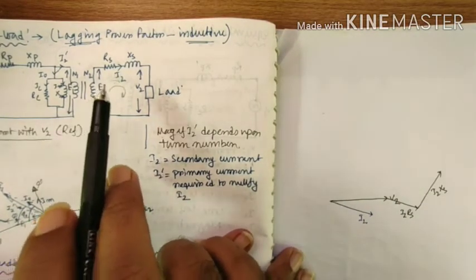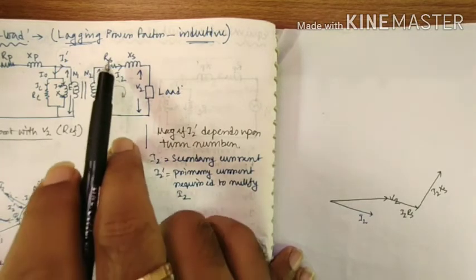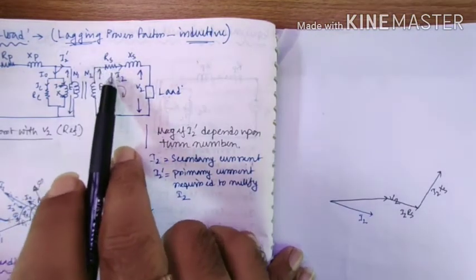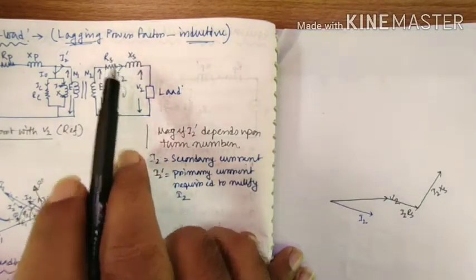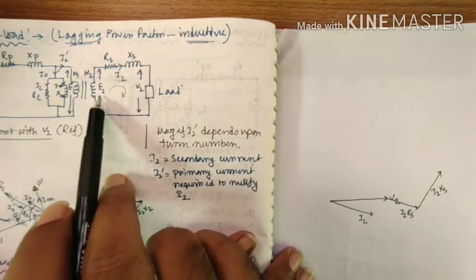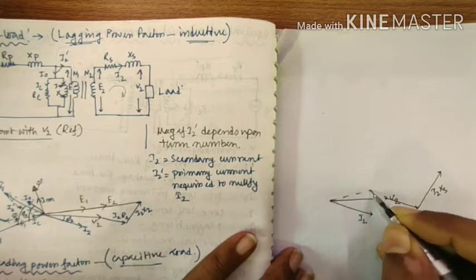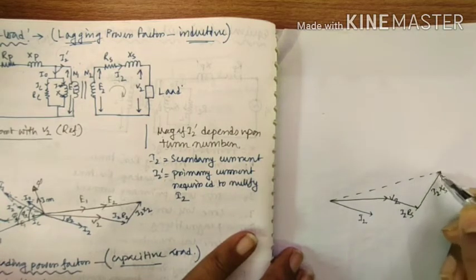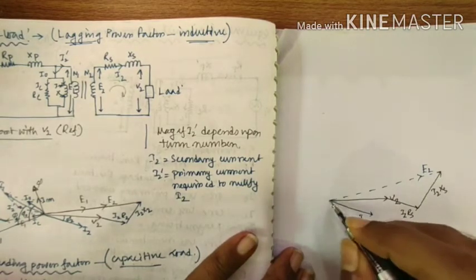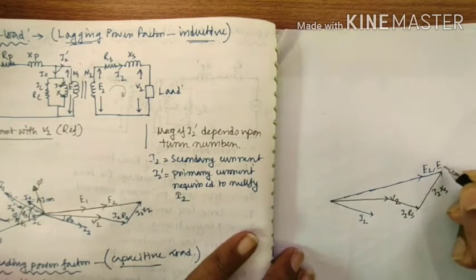From the circuit, the closed path of the secondary winding, we know the summation of the voltage drop across RS, the voltage drop across XS plus V2 is equal to E2, because everything happens due to E2. So the summation of these three vectors should give me E2. Now if this is the direction of E2, it should be the direction of E1 also.